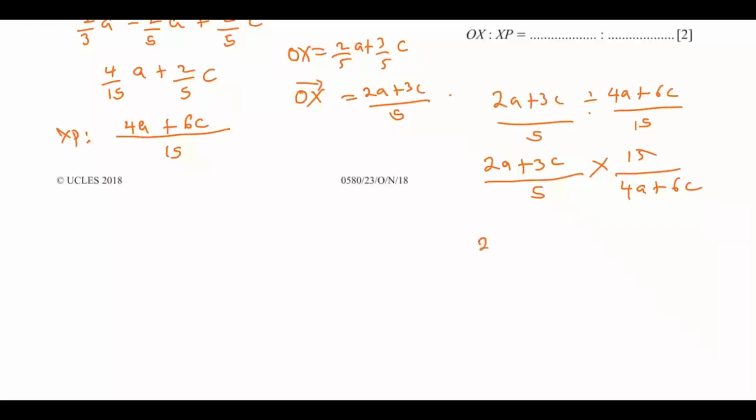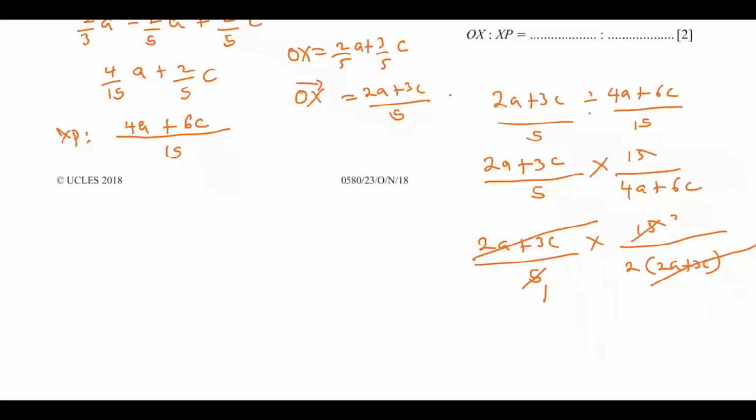That will be 2A plus 3C over 5 multiplied by 15 over 2 into bracket 2A plus 3C, so the 2A plus 3C will cancel out. Then 5 goes into 5 once, 5 goes into 15 thrice.